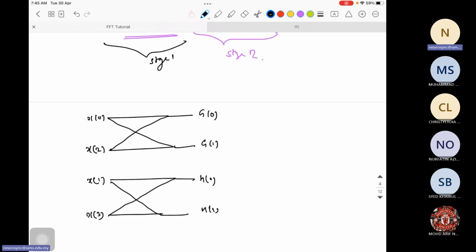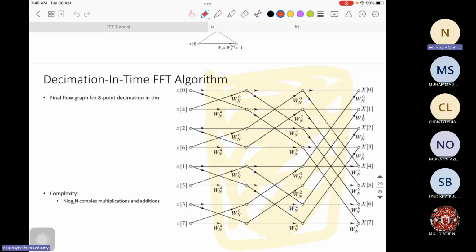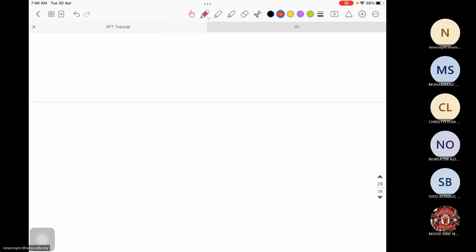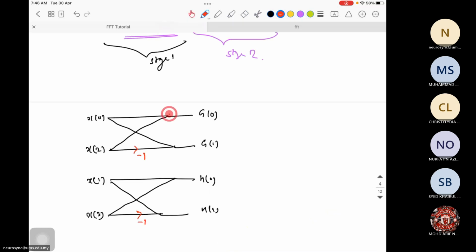Now this is always minus 1. Now this term is this plus this, and this is W n by 2 of 0.